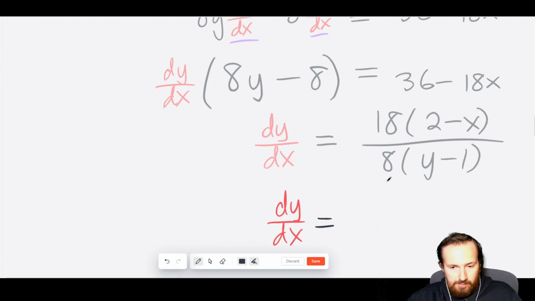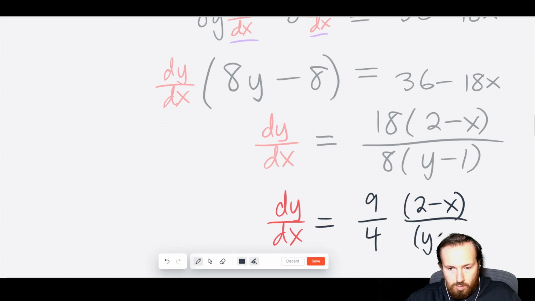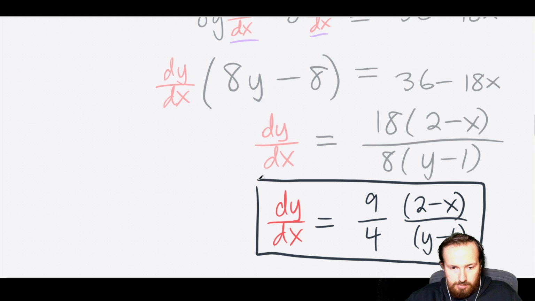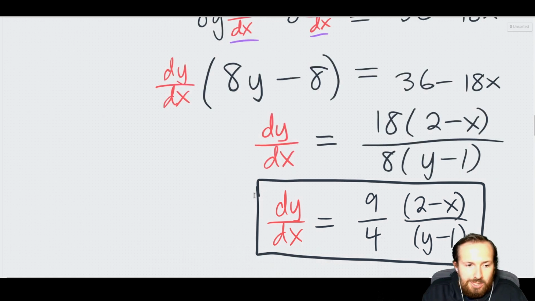They're both divisible by 2, so that'll be 9/4, and I think that's the most we can do. So that'll be 9/4 times (2 minus x) over (y minus 1). So there you go. This is the implicit derivative. Now, how do we actually use it to find the points where the tangent line is horizontal or vertical?